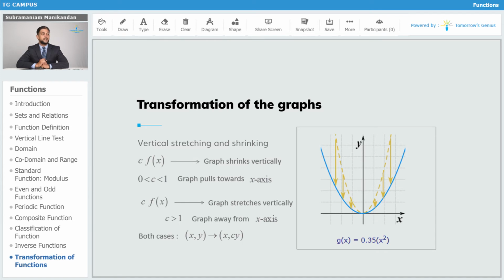For example, if we have y is equal to f(x) is equal to sin x, 2 times sin x will make the graph taller by a factor of 2. Say this is the approximate graph of sin x, then 2 times sin x will make the graph grow bigger vertically.